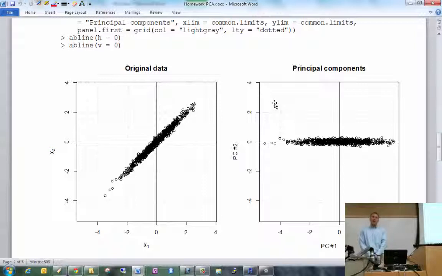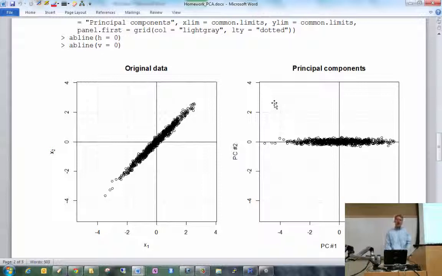I have x1 on the x-axis. I have x2 on the y-axis. And you can see how the points are somewhat tightly clustered together. But both x1 and x2 are fairly important to look at in that plot, because you see variability in both directions, x1 direction and x2 direction.